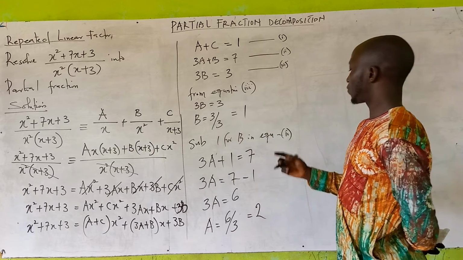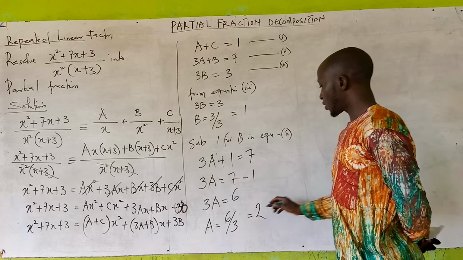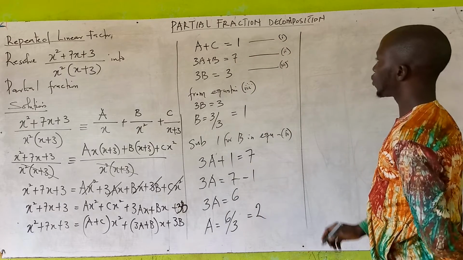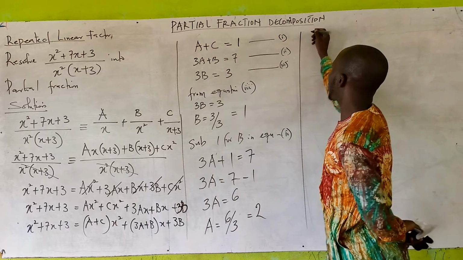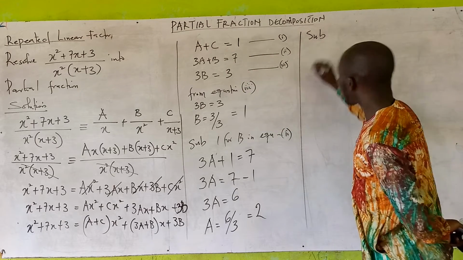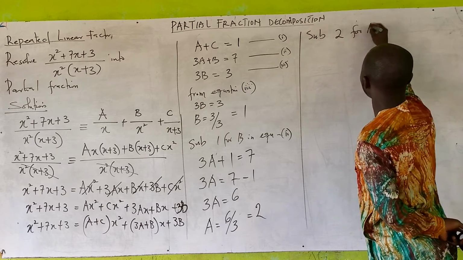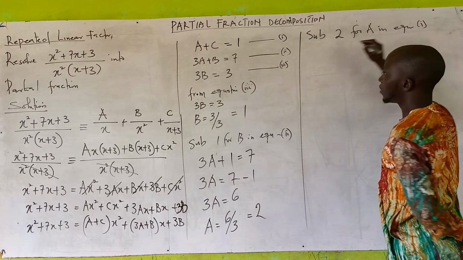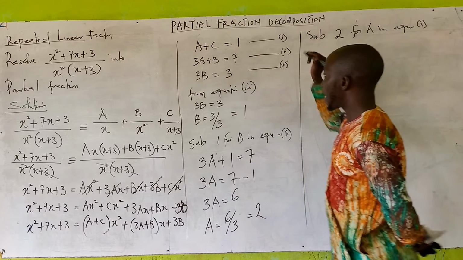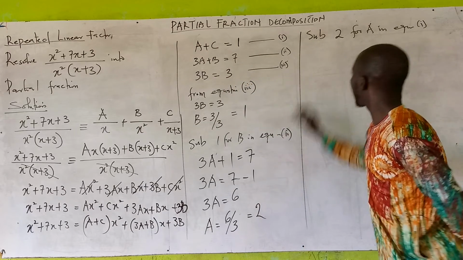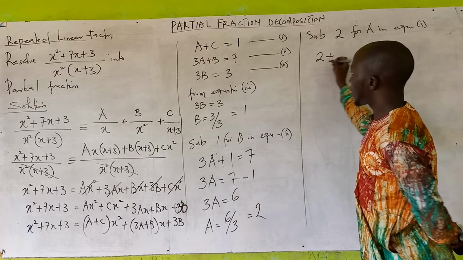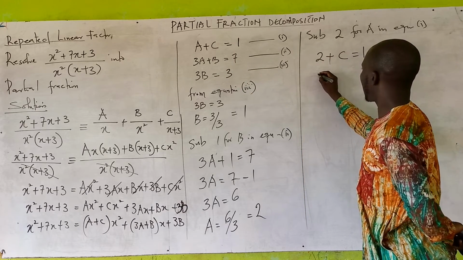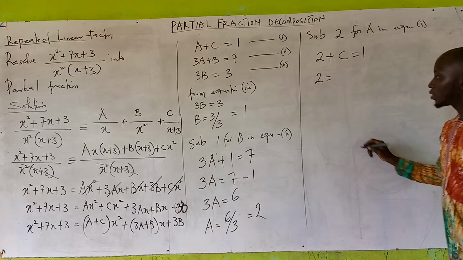Now we need c. We can easily substitute this value of a into equation 1 and get the value of c. Substitute 2 for a in equation 1. Equation 1 says a plus c equals 1, so 2 plus c equals 1.